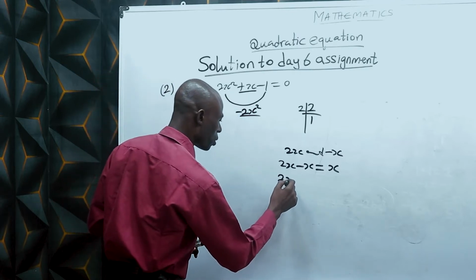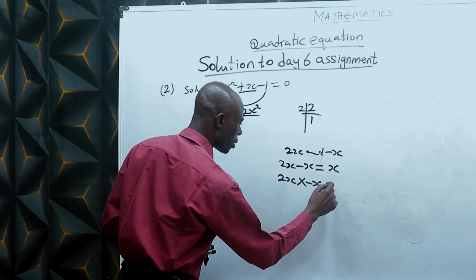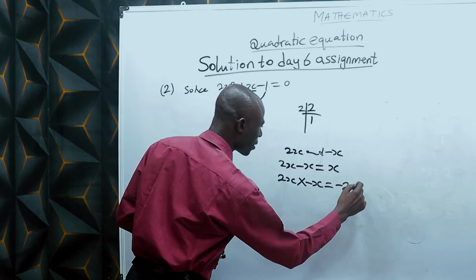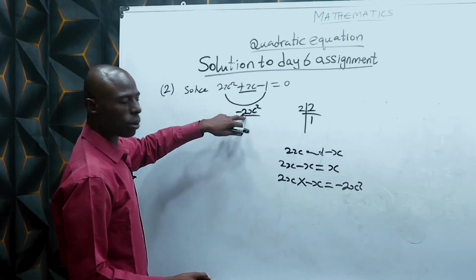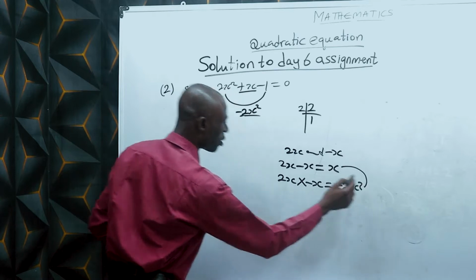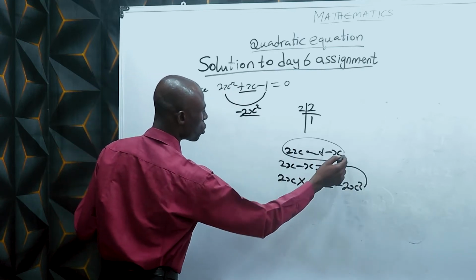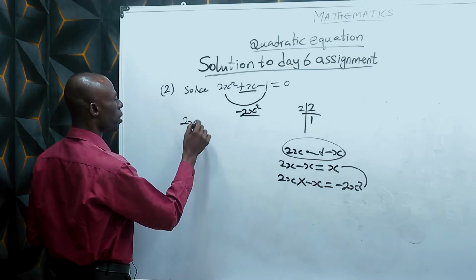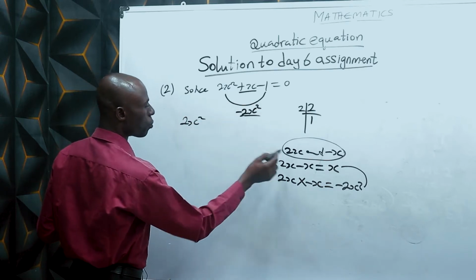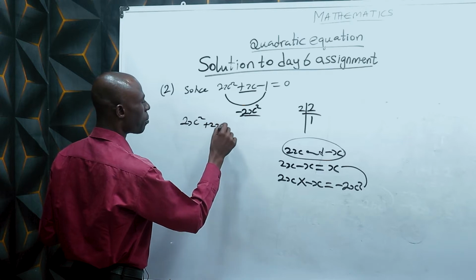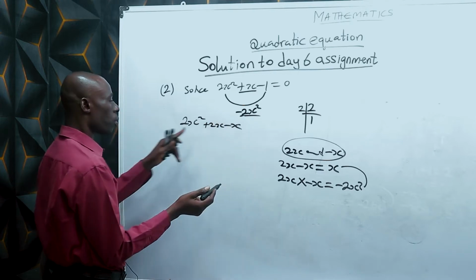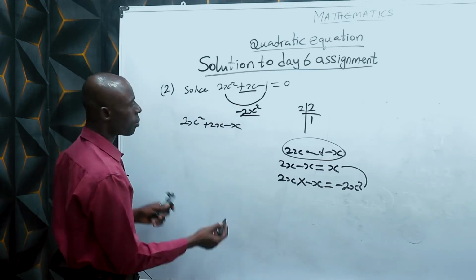What of their product? 2x times minus x, that's minus 2x squared. It gives us also. So far the two conditions are satisfied at the same time, so the two factors are viable to be used. So in place of plus x, we use plus 2x minus x. After all, plus 2x minus x is x.